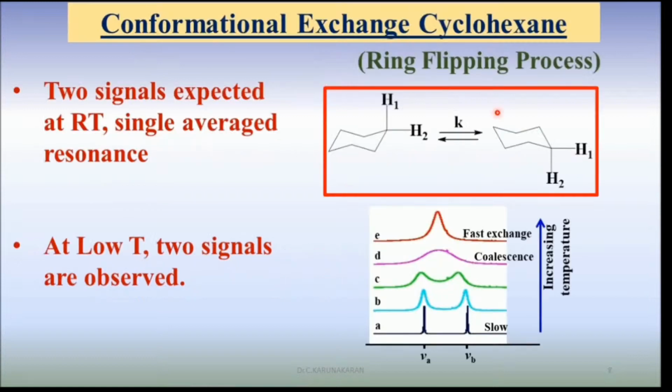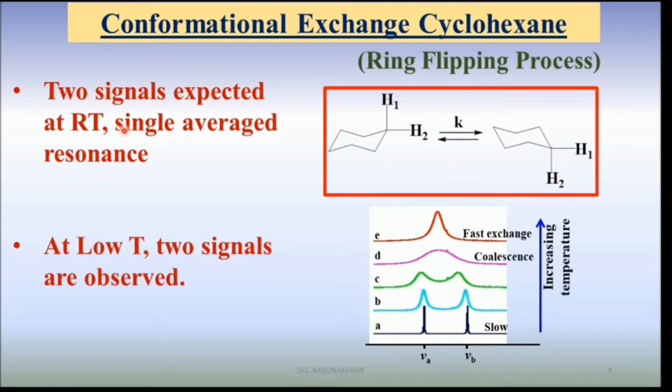Here we will study the conformational exchange process in the cyclohexane molecule. There are two types of protons in cyclohexane: axial protons and equatorial protons. Due to the ring flipping process, axial protons become equatorial and equatorial protons become axial.